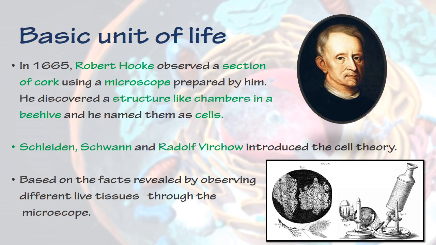Okay? After multiple stages of experiments, cell theory was eventually formulated by German botanist Schleiden and German biologist Schwann, with Rudolf Virchow, and it is based on facts revealed by observing different live tissues through the microscope.